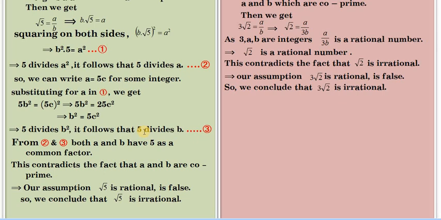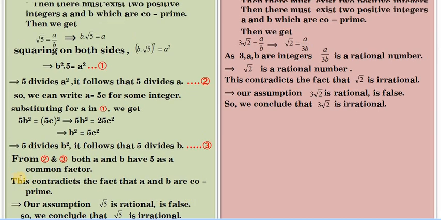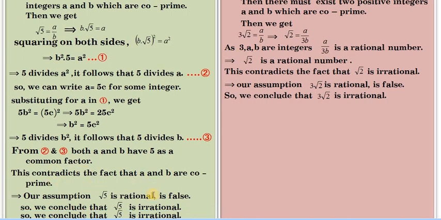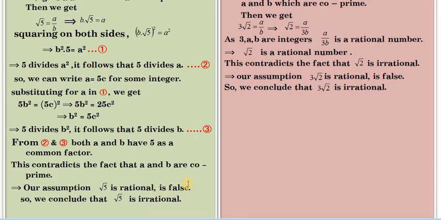This is a contradiction to the fact that A and B are co-primes. So this contradiction results from our assumption that root 5 is rational, which is false. Because due to this assumption we are getting the contradiction statement. So this is false. So when root 5 is rational is false, it means root 5 should be irrational.